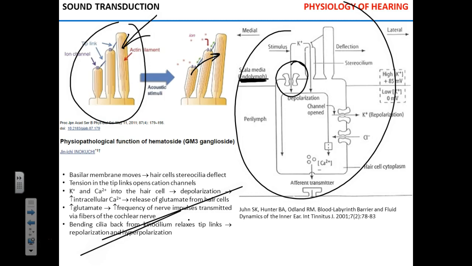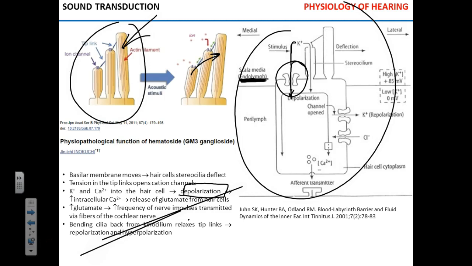Potassium. So in this case, the potassium concentration outside is very high, and potassium starts to flow into the cell. Does that make sense? What is the charge for potassium? Positive. When potassium flows into the cell, what happens to the membrane potential of the hair cell? Increases. The cell becomes depolarized.